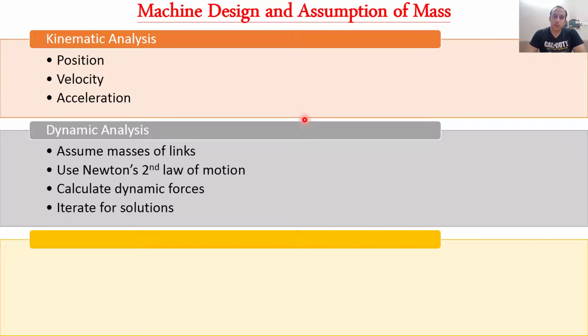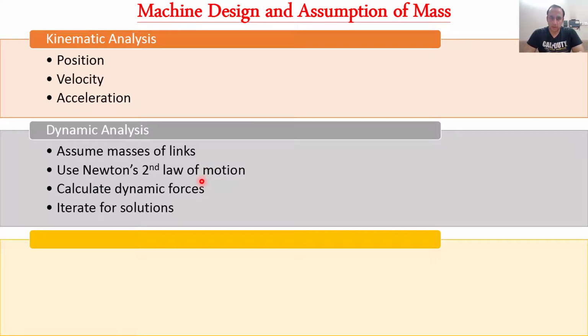Because we need to fix this dynamic force at a particular level. There's a threshold value at which we need to fix this force, because if this force goes beyond a particular value or level, what will happen? There will be deflections in the parts. Okay, we are assuming we already selected a material as well.